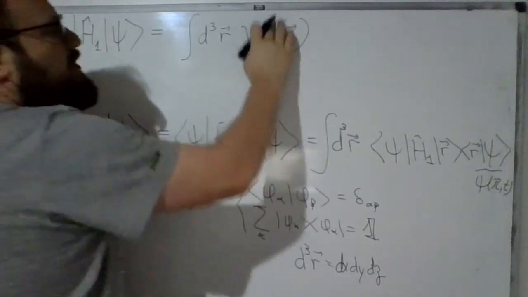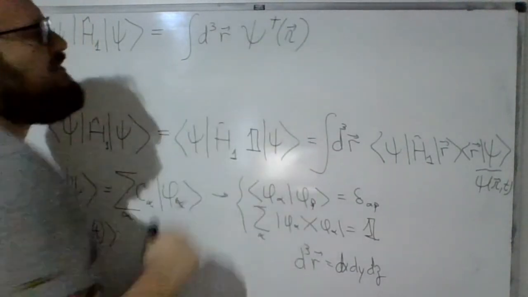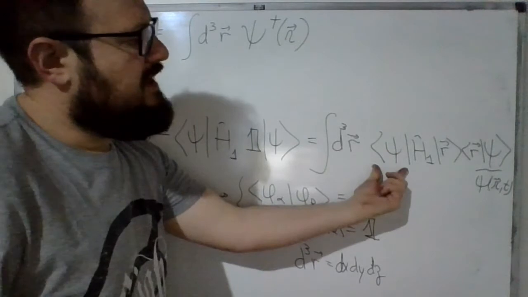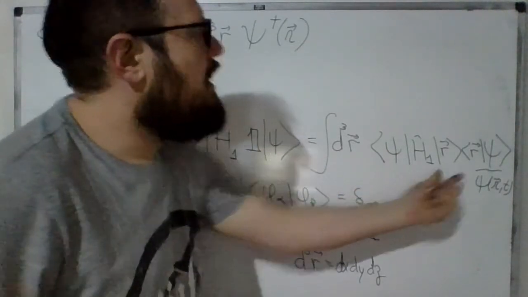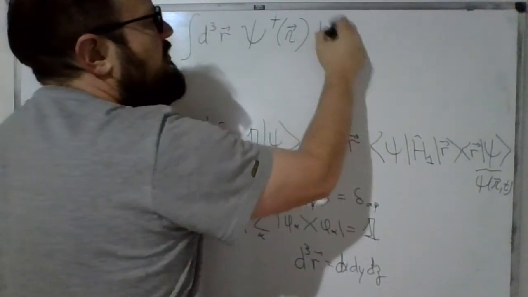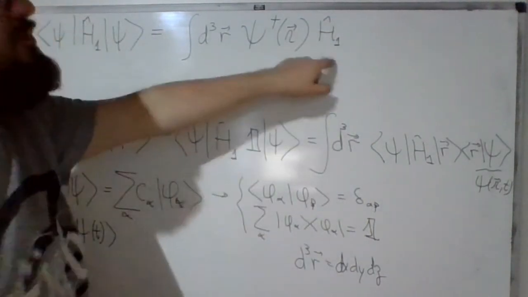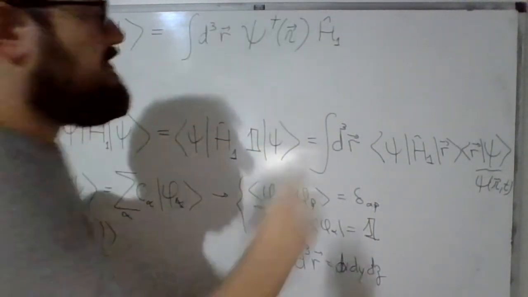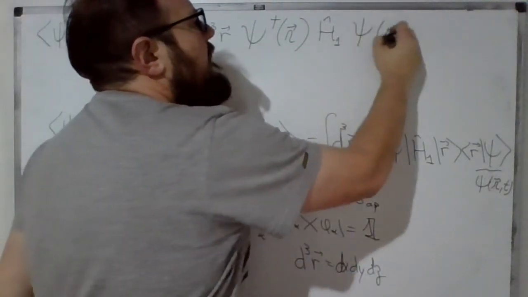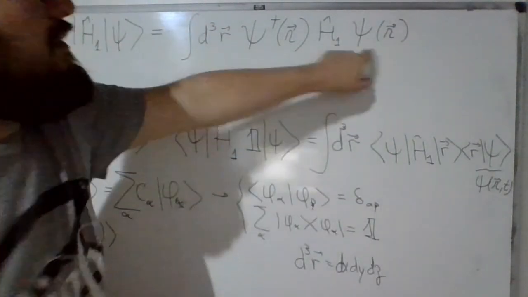To be precise, a transpose conjugated here, when you project out the psi onto R, this is an operator depending on position. So this is the Hamiltonian of a single particle. It could be another operator, as I previously mentioned. And this is the psi of R, okay?